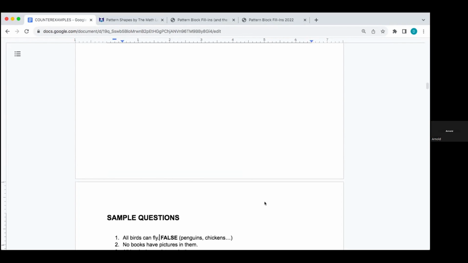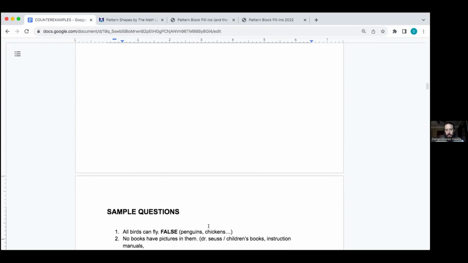False. Okay, I'm getting all kinds of great counterexamples. Dr. Seuss, more generally children's books, instruction manuals, all kinds of graphic comic books.